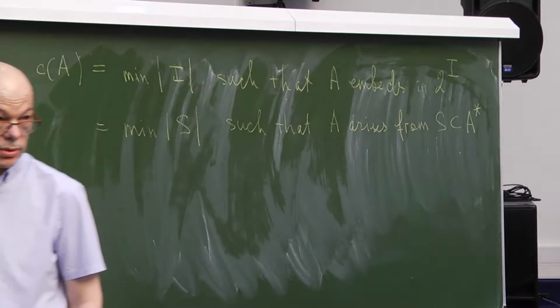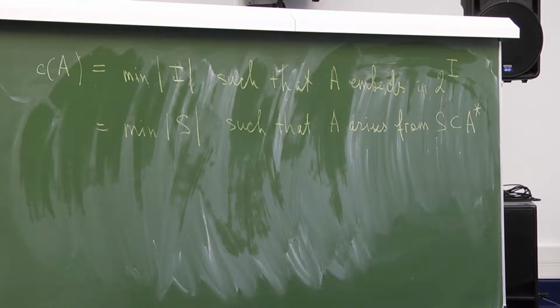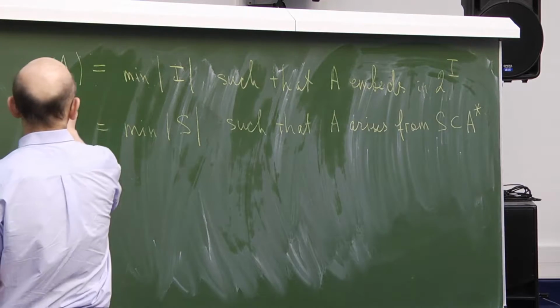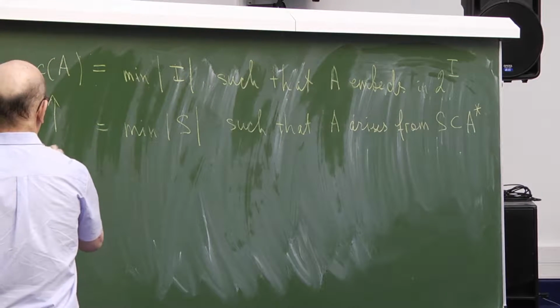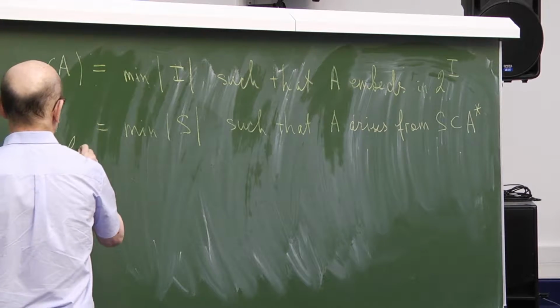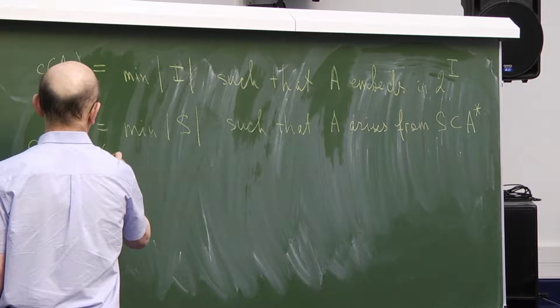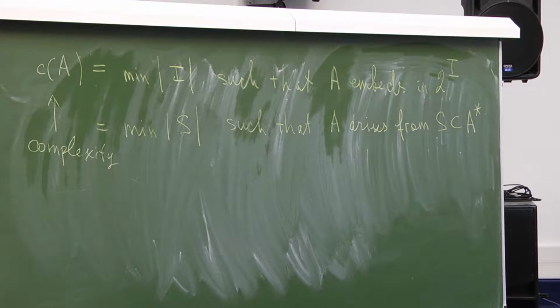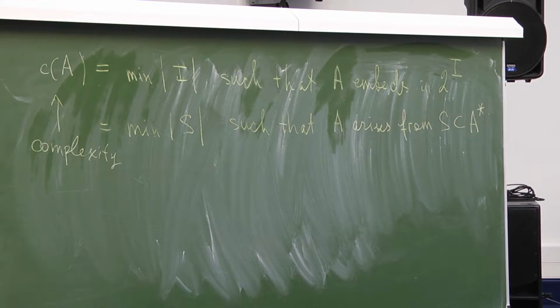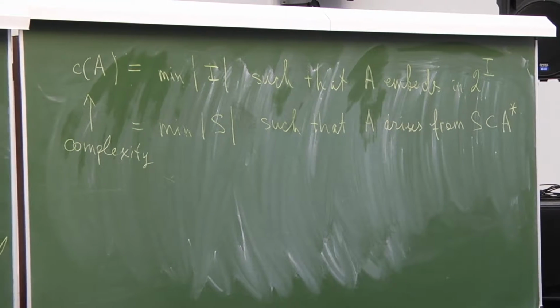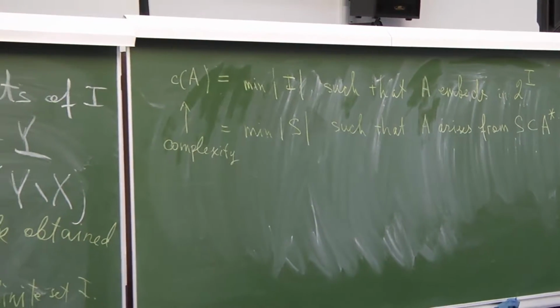So it is the same number, which is the complexity of A. Let's suppose everything is finite. So if A is a finite dimensional Z2 vector space, set R is finite, everything is finite, just for simplicity.